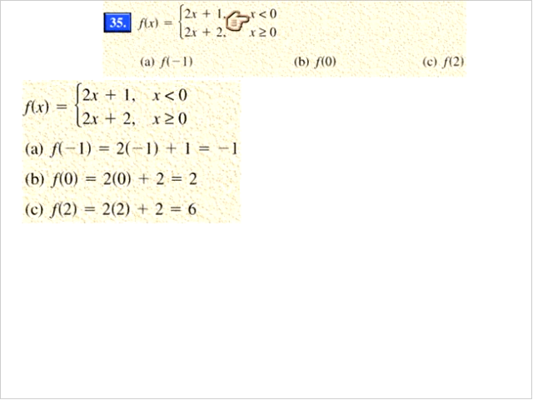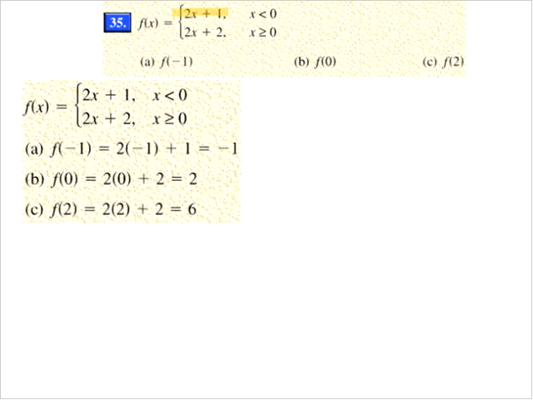Well, -1 is less than 0, so I am going to use the first function listed here, 2x plus 1. So I am going to plug in -1 anywhere I have an x. That's how we get 2 times -1 plus 1, and when I simplify that, I get an answer of -1.